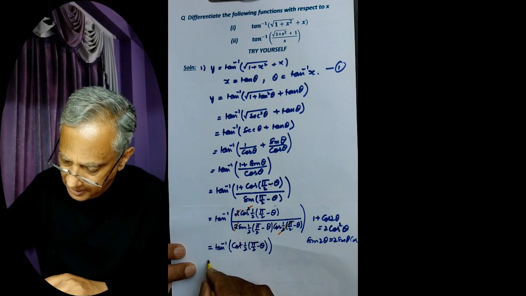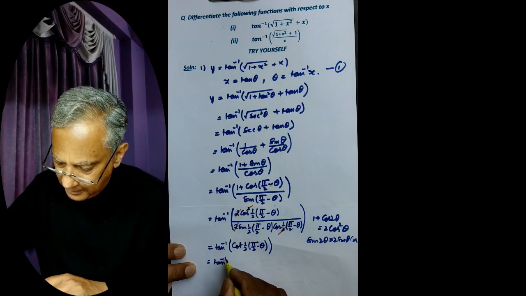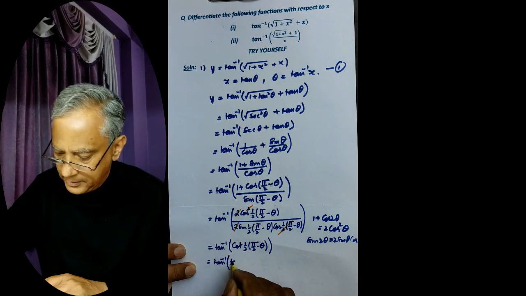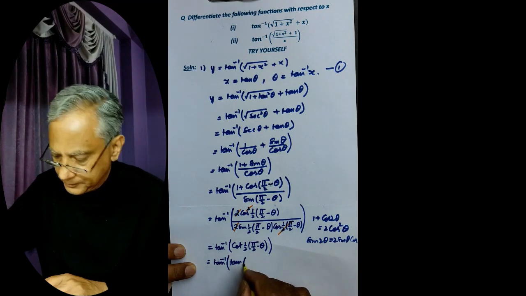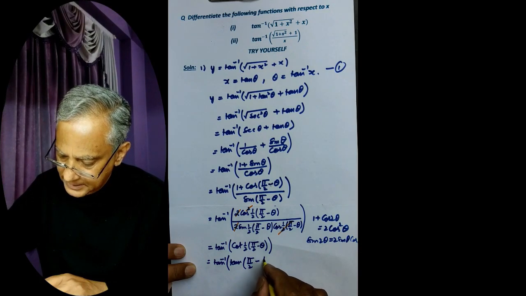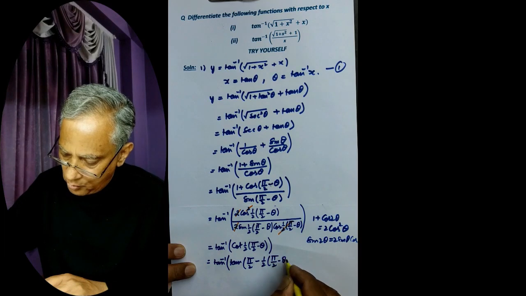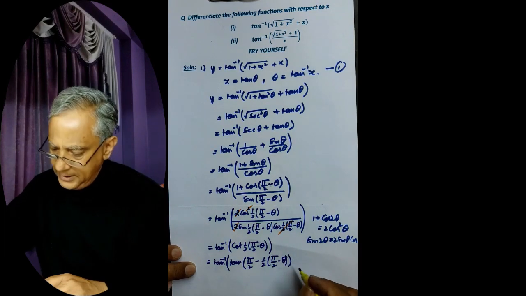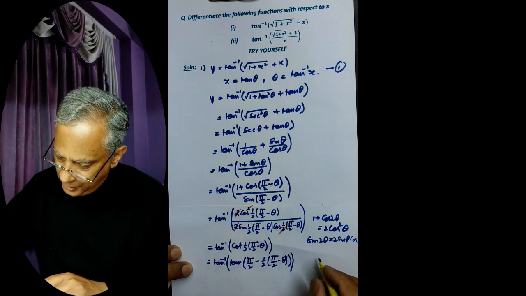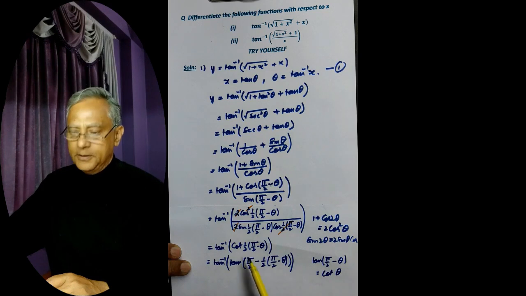Now cotangent of half of pi by 2 minus theta can be written as tangent of pi by 2 minus half of pi by 2 minus theta, because we know tangent of pi by 2 minus theta is equal to cotangent theta.